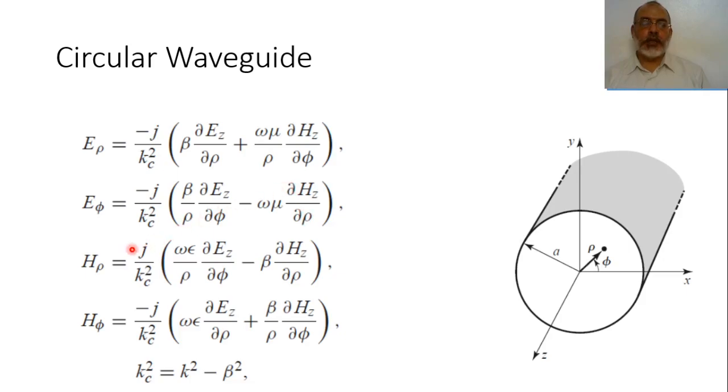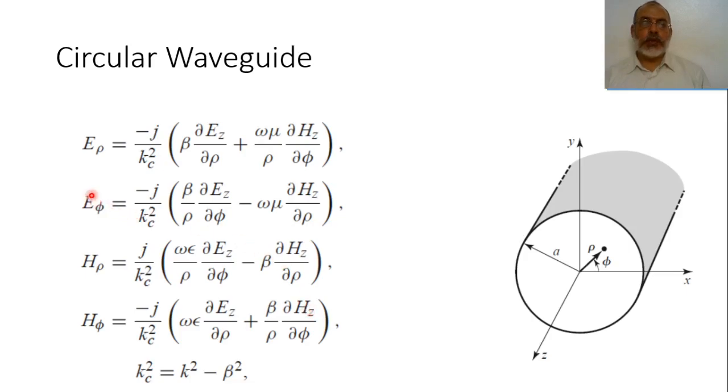On the other hand, if I'm talking about magnetic field from magnetic field, it would be in the same direction. So in this case, if I'm talking about H rho, it would be proportional to partial by partial rho Hz. And if I'm talking about H phi, in terms of Hz, it would be 1 over rho partial by partial phi Hz.